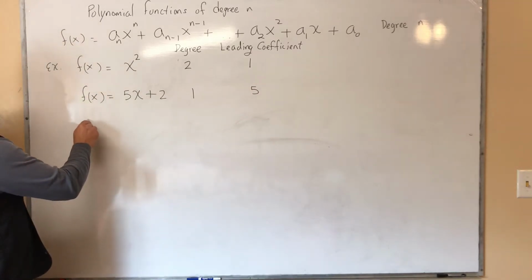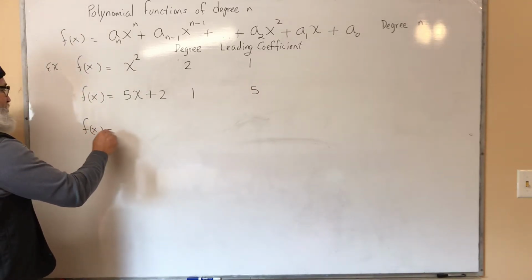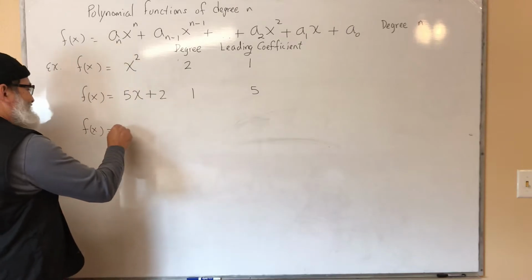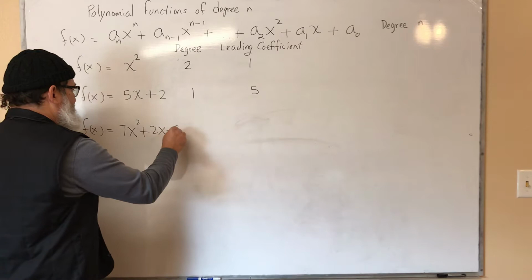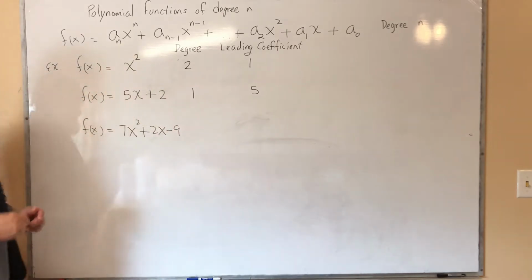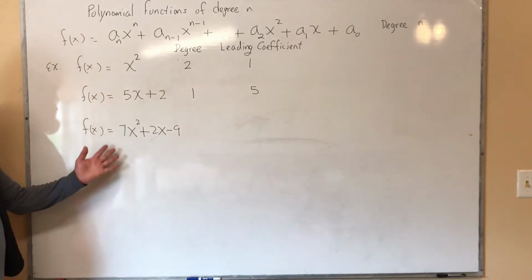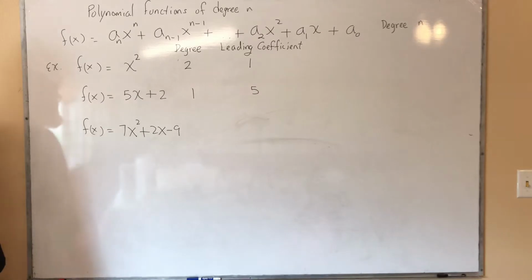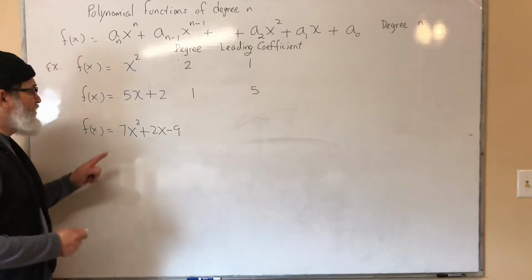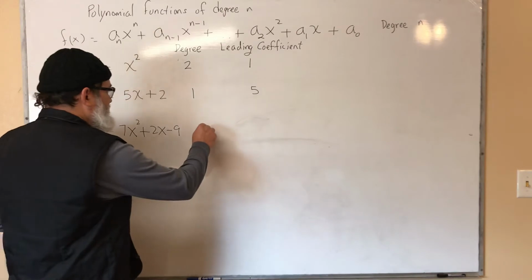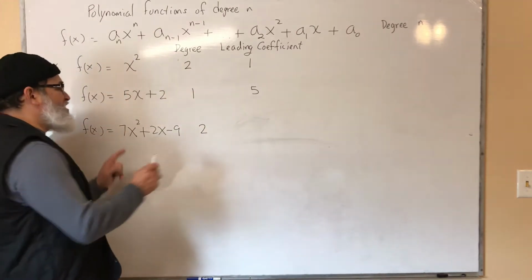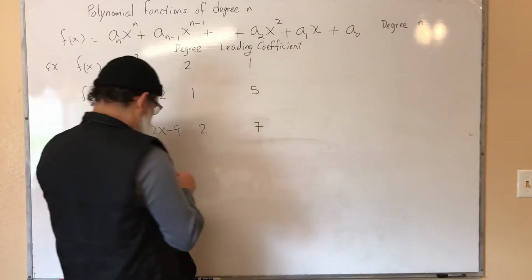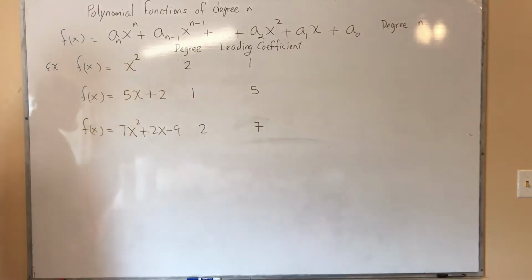Another one. f of x equals 7x squared plus 2x minus 9. Okay, so this is a polynomial function. What's the degree? Degree is 2. And what's the leading coefficient? Leading coefficient is 7. Very good.